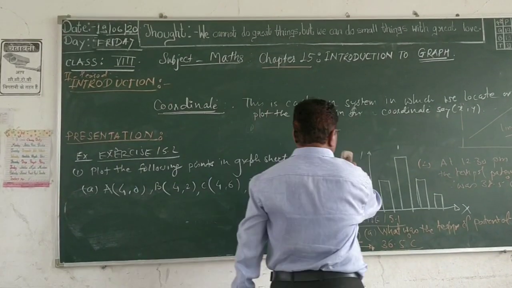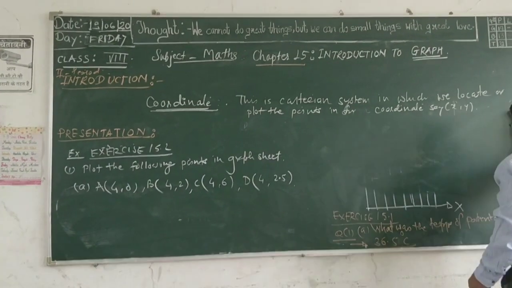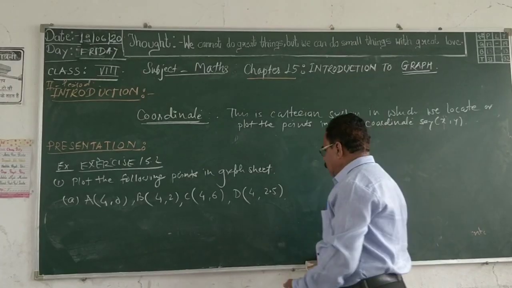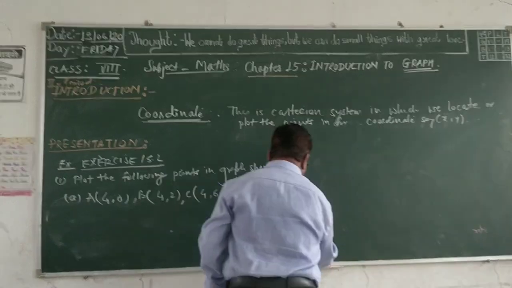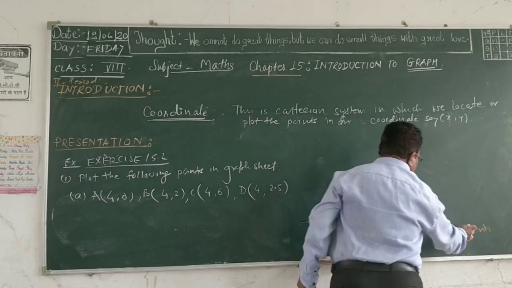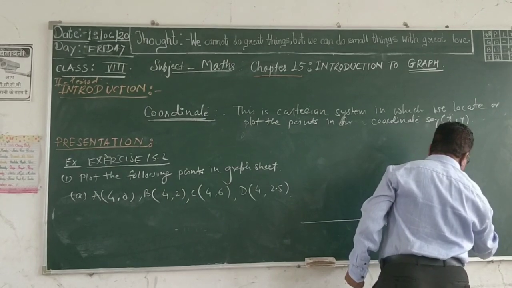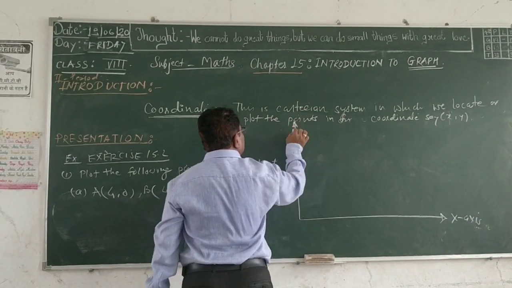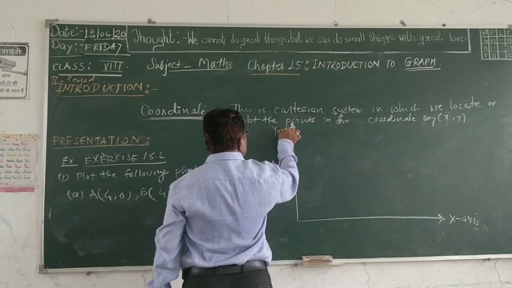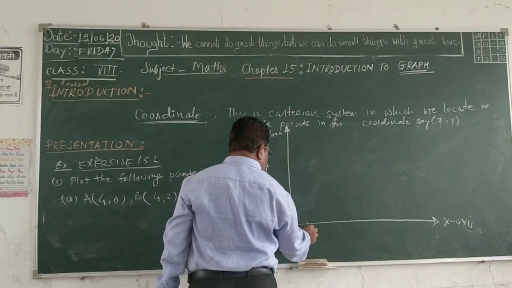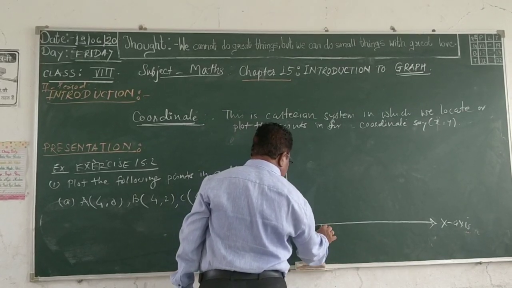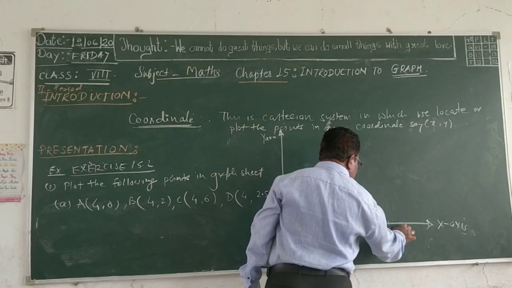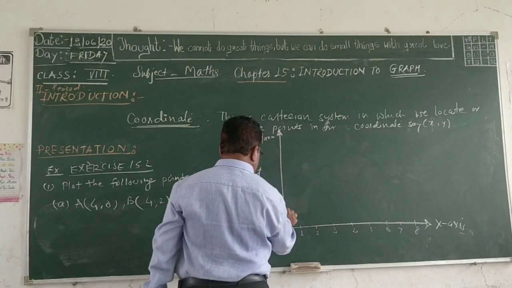So first we have to prepare the Cartesian system, that is the grid. Here this horizontal line is known as the x-axis, and this vertical line is called the y-axis. So 0, 1, 2, 3, 4, 5, 6, 7 and 8.